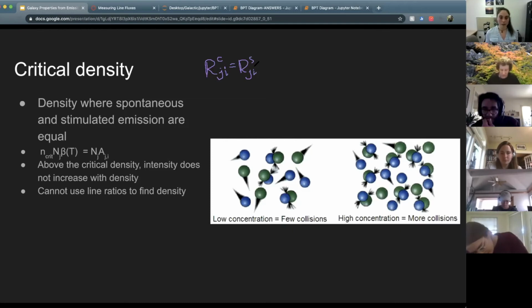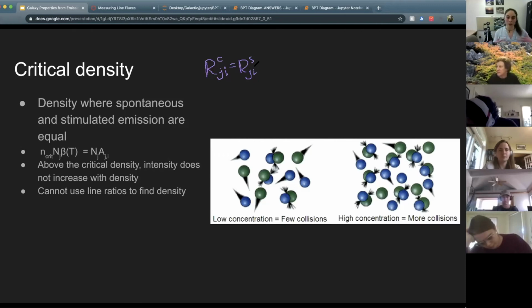Above this critical density, we no longer get more emission with higher density conditions. And that's because we've essentially reached a point where all of the collisions that are going to happen are happening. You can't get more stimulated emission from the gas by adding in more electrons, because anything that's going to be doing this transition is already doing it.